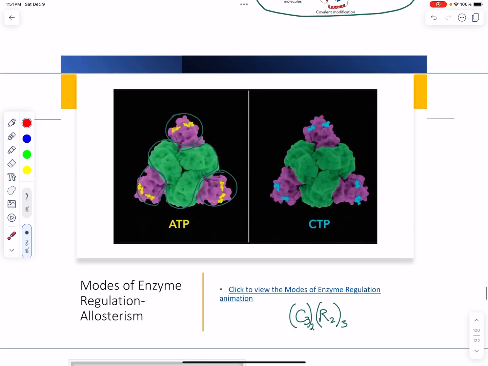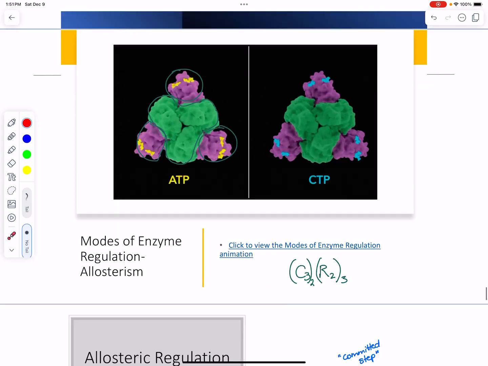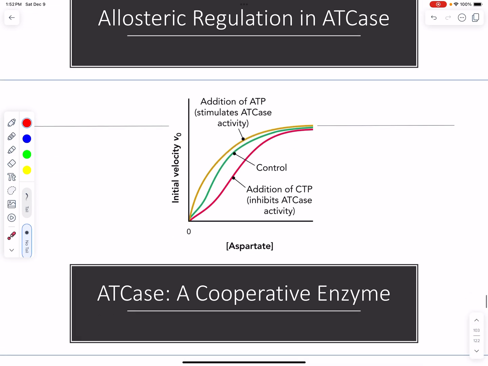If we go back here, when the substrates bind to one subunit, they induce the conformational shift to the R state. So you get this cooperative sigmoidal curve.